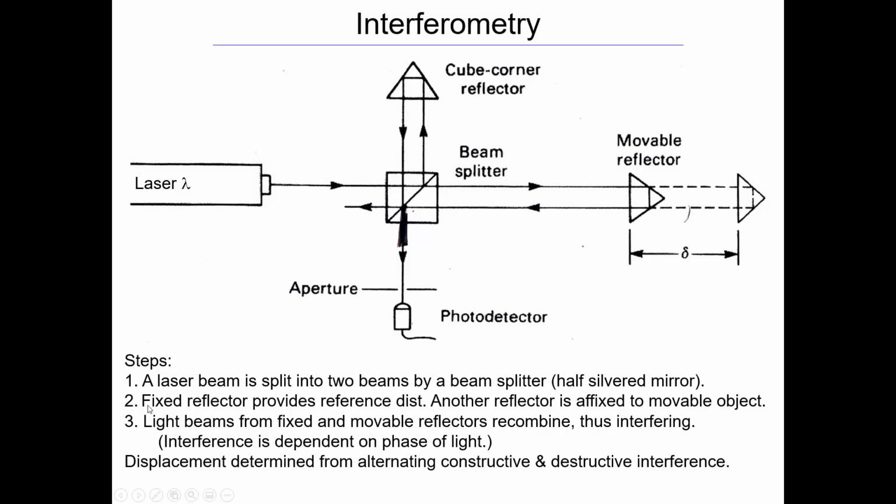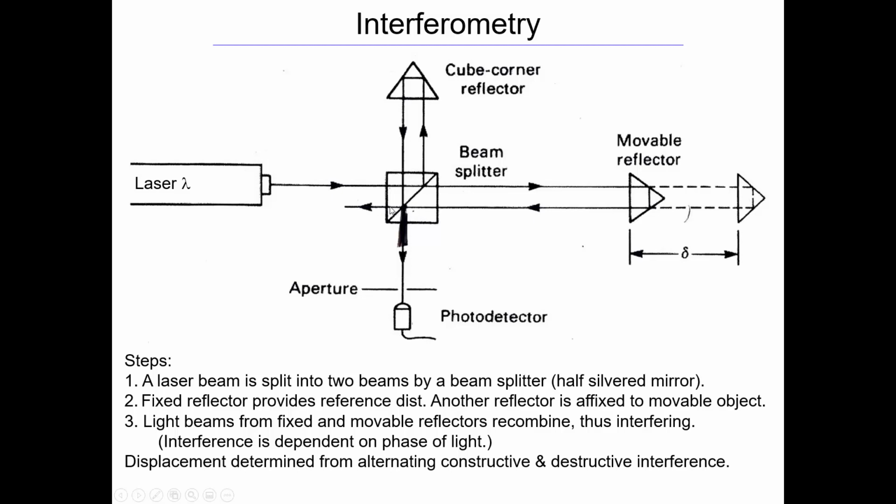Then number two, a fixed reflector provides a reference distance. That's this path. We'll pause at this point here, and we'll cover the second part of point two. So another reflector is affixed to a movable object. So we send the other half of that beam out here, and it reflects back, and it joins at this point.